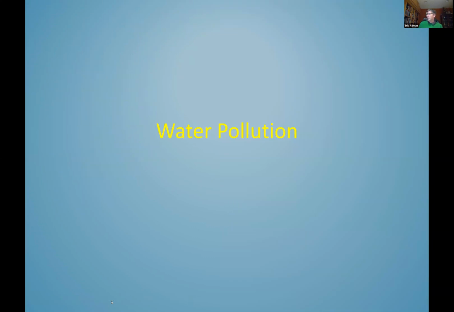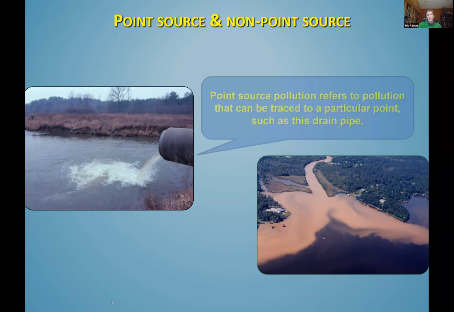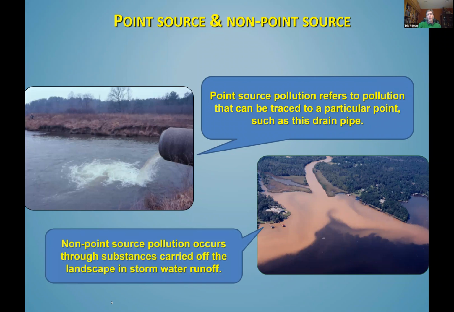Okay, we're going to talk about different types of water pollution. So pollution is just categorized in general into point source and non-point source. Point source talks about pollution that comes from a particular thing, like a pipe or a particular drain source. Non-point source is carried off the landscape in general.